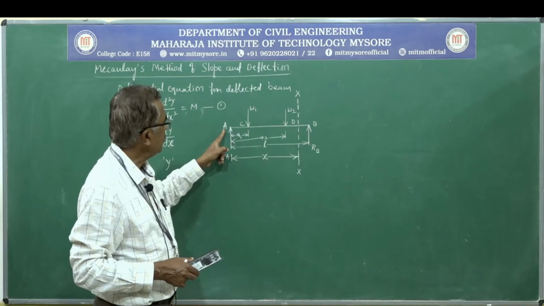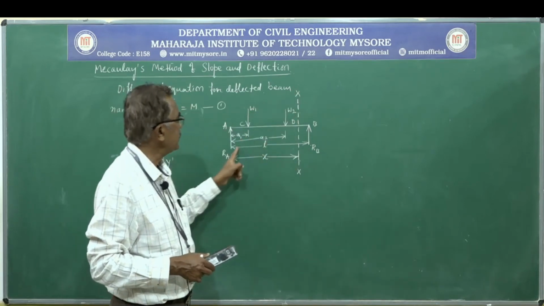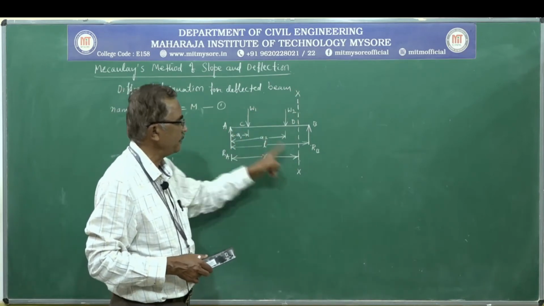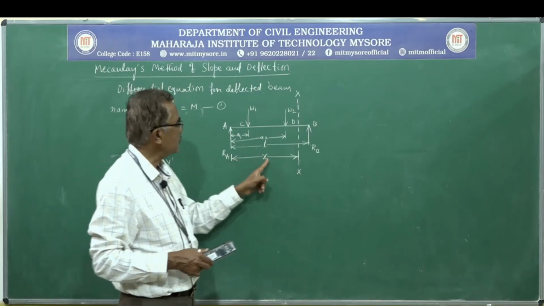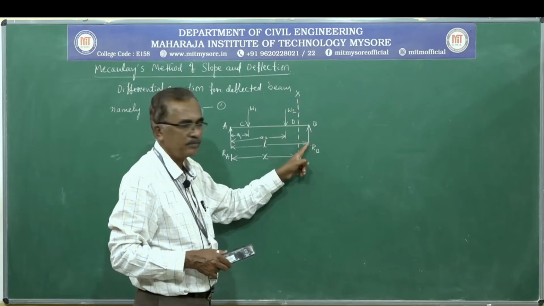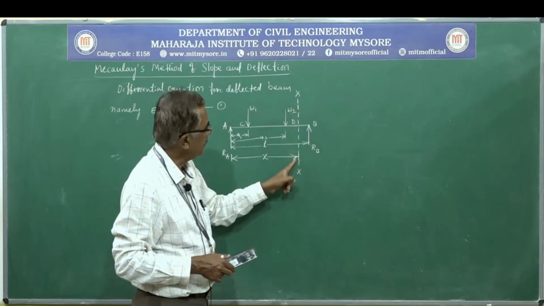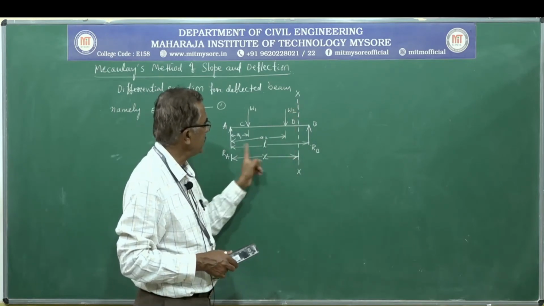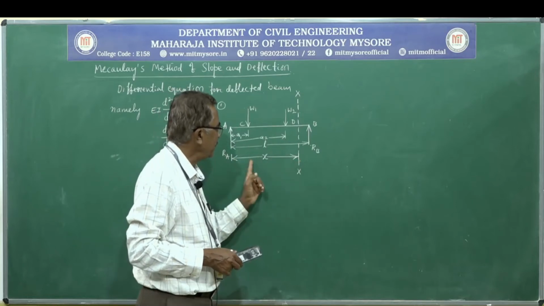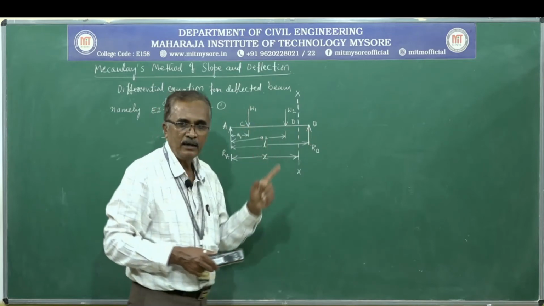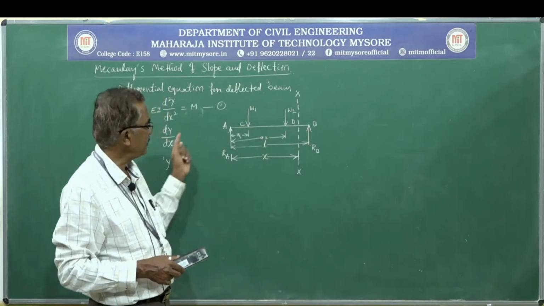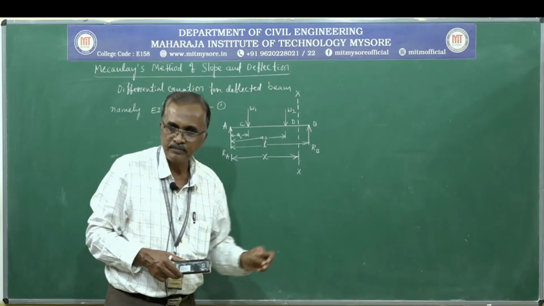So x, the distance of the section from origin A, varies from 0 to L; it may be A1, A2 or L.